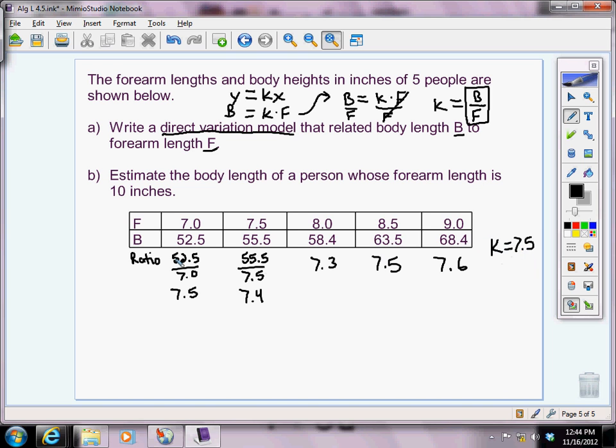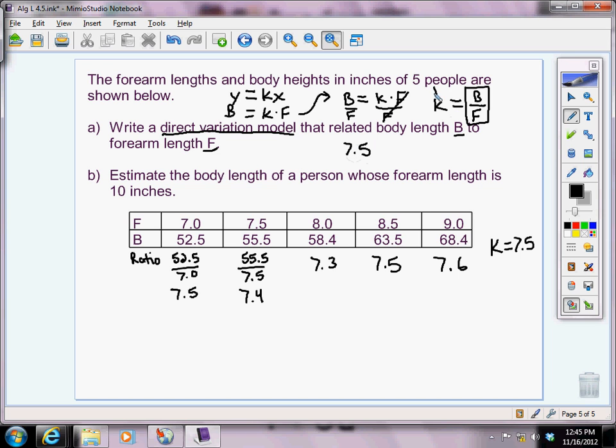Now, why did I do that? Where did it come from? I set up my direct variation model, but in this case I solved for my constant. I said you take your body length and divide it by your forearm length and you get your constant of variation. It's not exact, but it's pretty close. So now when we want to write a direct variation model, our k is 7.5.